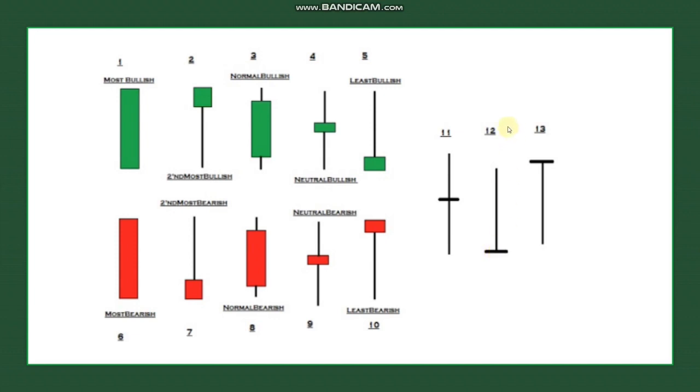So in the number 12 scenario, what do you think? Don't you think the probability of the market going down is high?